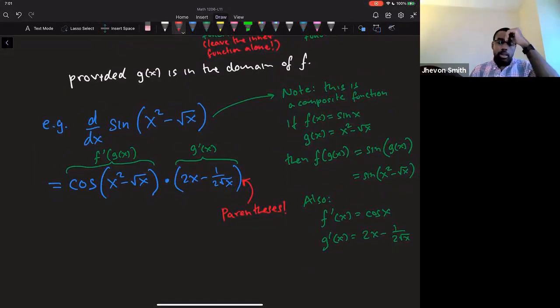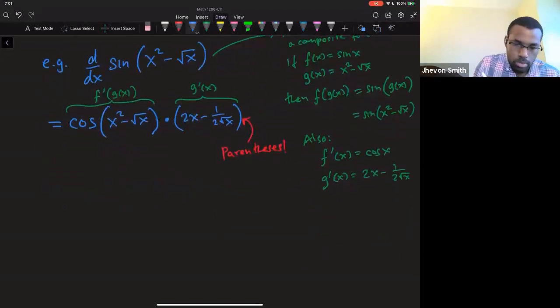Some people like putting, because they don't want to mix up what's in the angle of a cosine. So usually when you have a trig function, you would put anything multiplying it kind of in front of it. So might be nicer to rewrite this as 2x minus 1 over 2 rad x times the cosine.